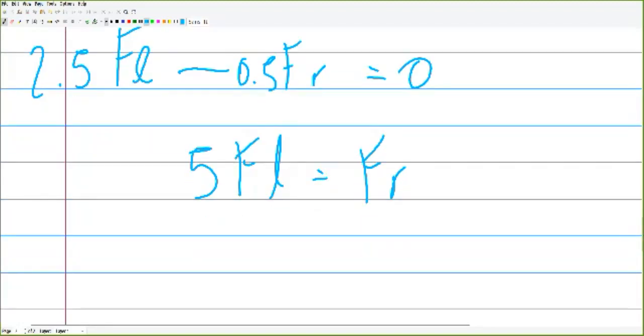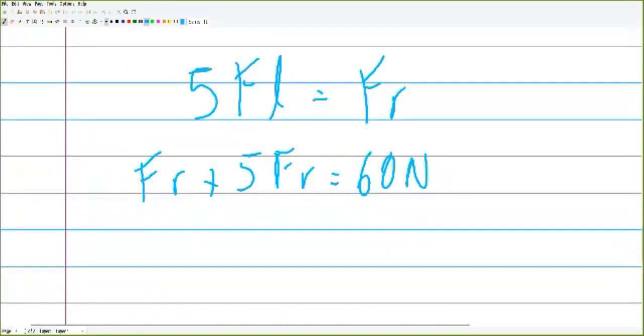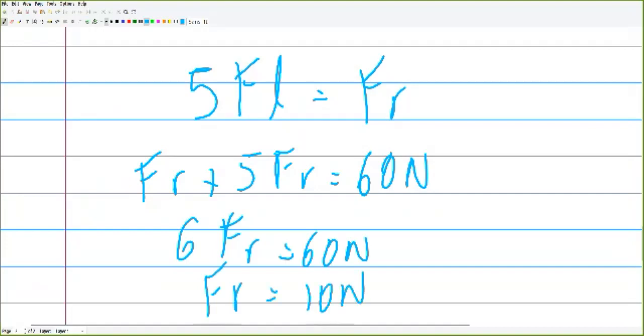So we had FR plus FL, which is 6, so 6 FR, that's equal to 60 newtons, right? And so now what we get is that 6 FR, that's 60 newtons. So F of R, well, that's 10 newtons.